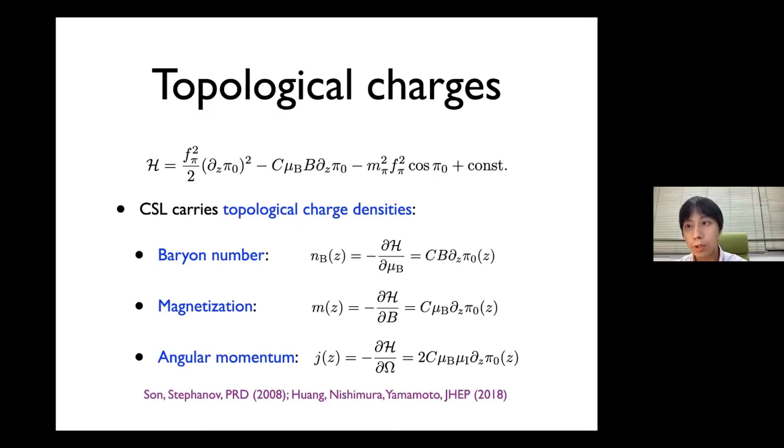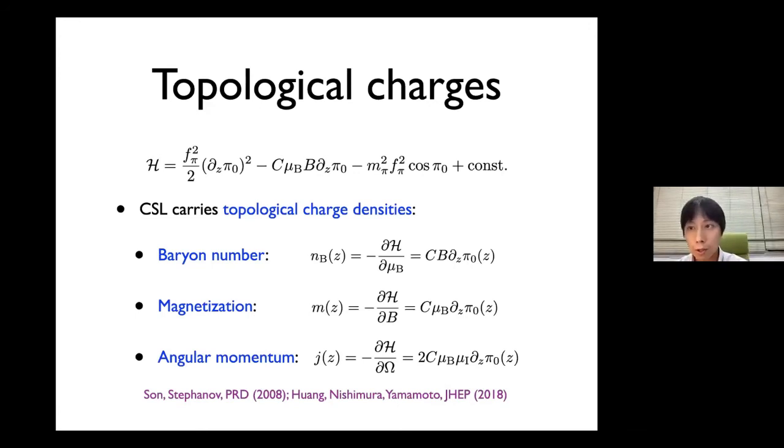And in the case of QCD at finite baryon chemical potential and at isospin chemical potential, as I explained to you previously, we also have an anomalous term related to the chiral vortical effect. In that case, by taking a derivative of the Hamiltonian with respect to the global rotation, we get the angular momentum in this way.